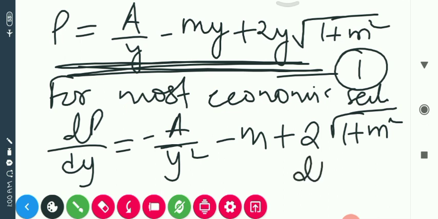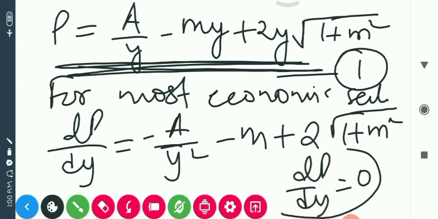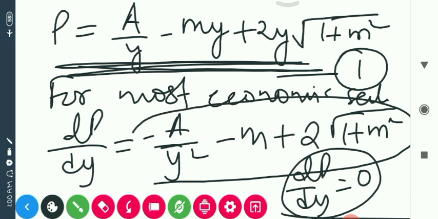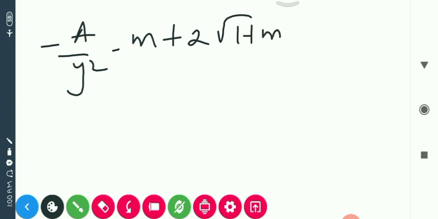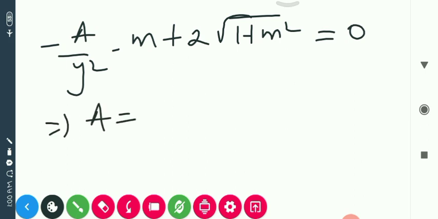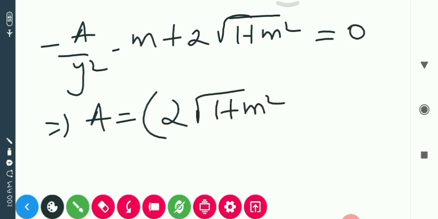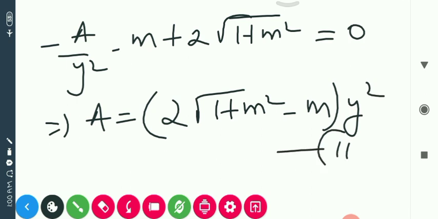Then dP by dy should be equal to 0, so equate this term to 0. We get minus A by y square minus m plus 2 under root 1 plus m square equal to 0, and here A comes out to be (2 under root 1 plus m square minus m) into y square.